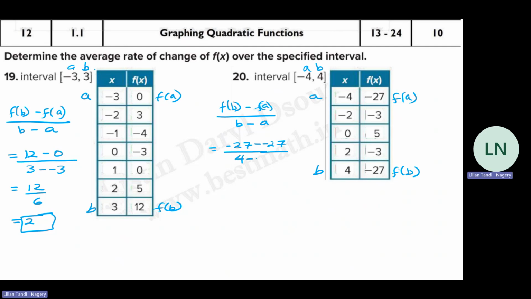And then 4 minus -4. This becomes plus. These are inverses, so that is 0 over 8. So this should be 0.